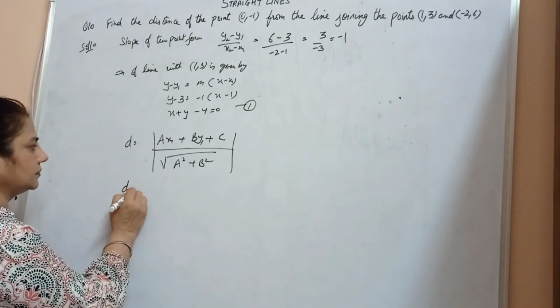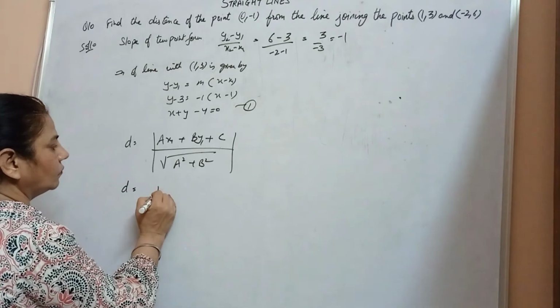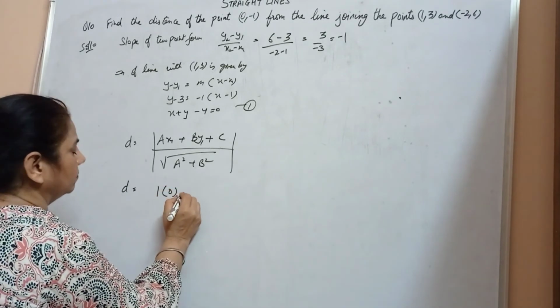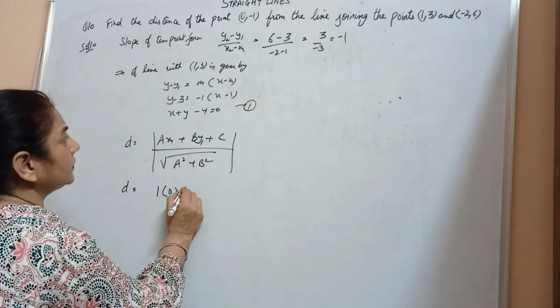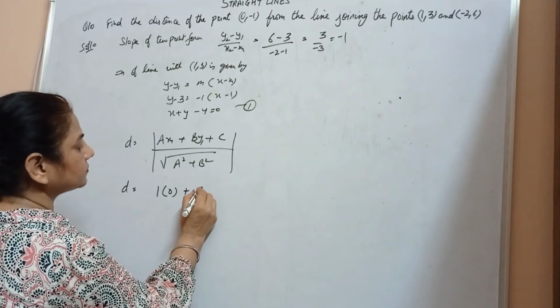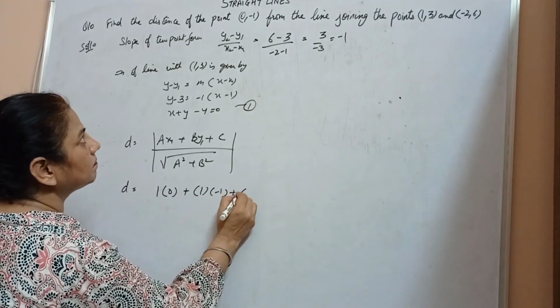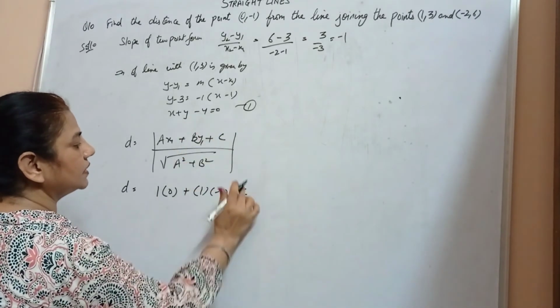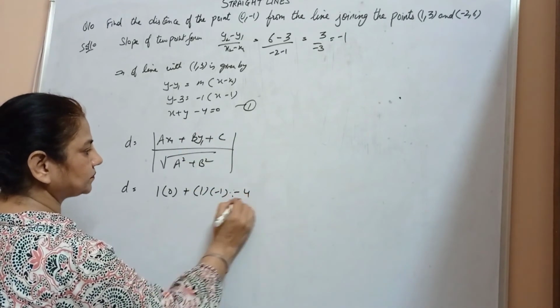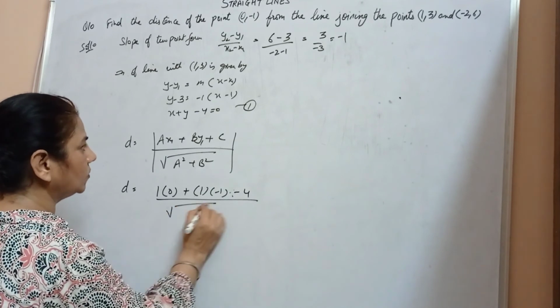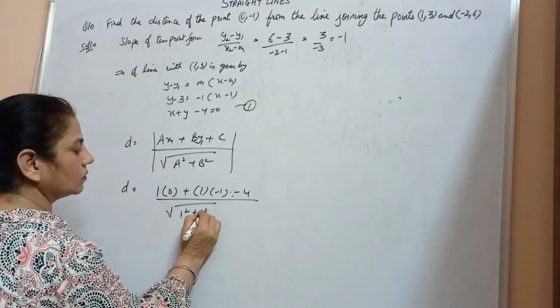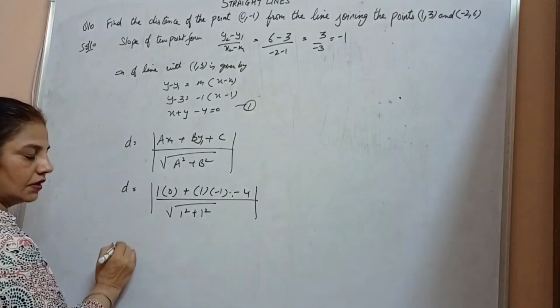So here we write 1 into 0, plus 1 into minus 1, plus the constant c, which is minus 4 in this case, divided by under root of 1 square plus 1 square.